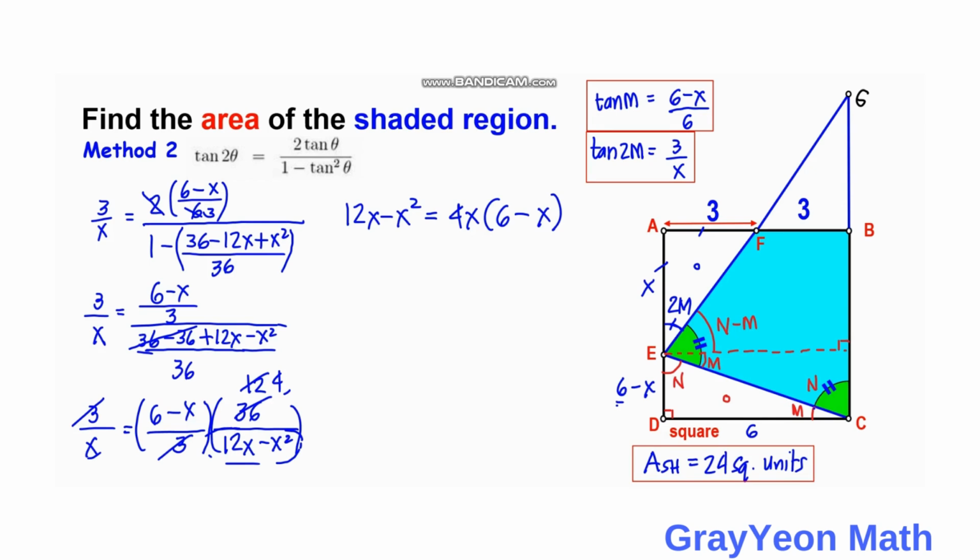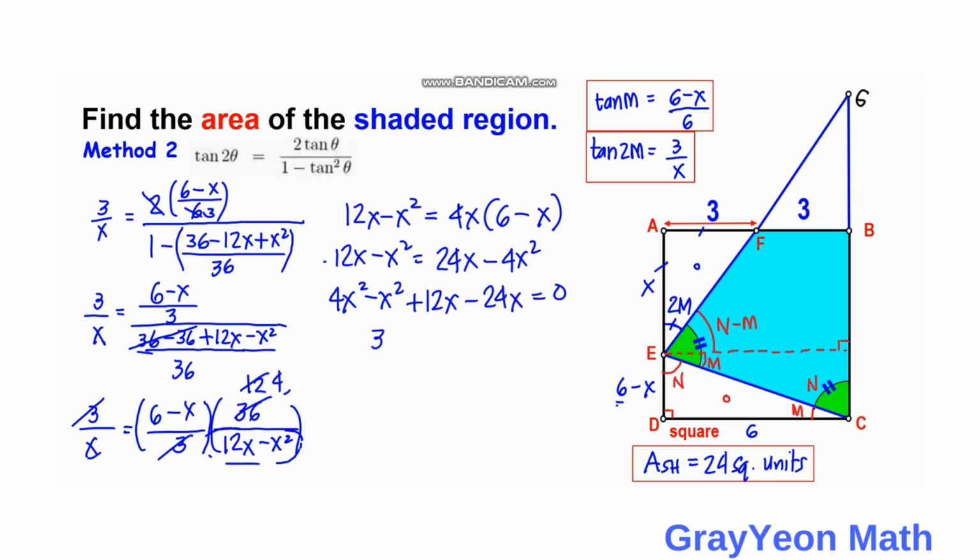Okay, simplifying, we have 12x minus x squared is equal to 24x minus 4x squared. And we put this negative 4x squared to the left. So we have 4x squared minus x squared, and we copy this 12x, and we put this 24x from the right to the left. So negative 24x is equal to 0.